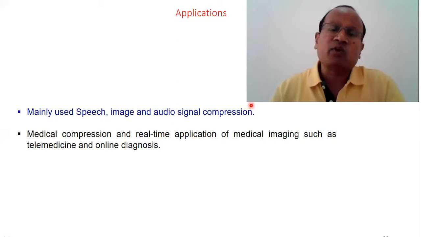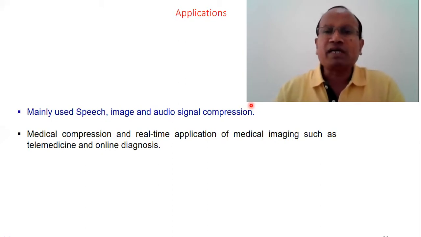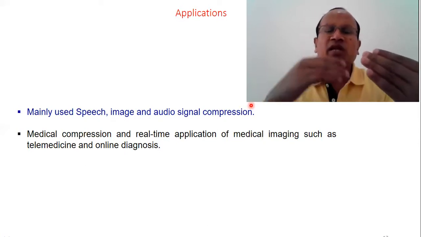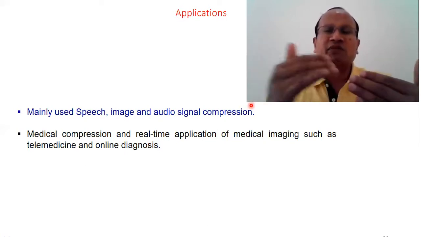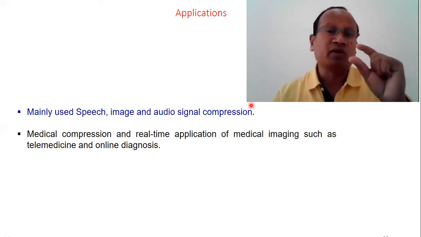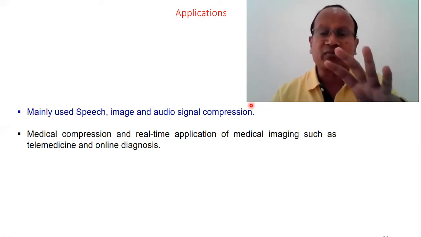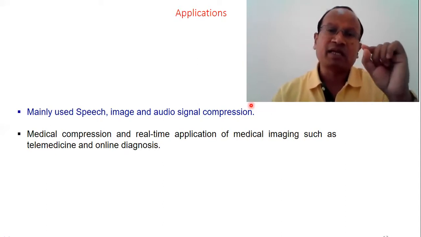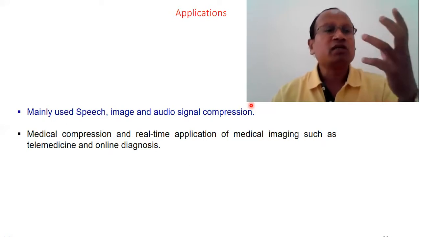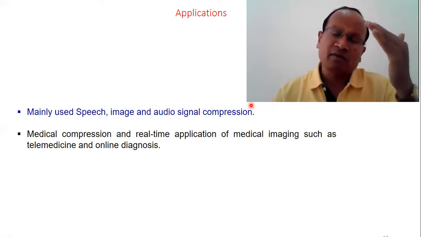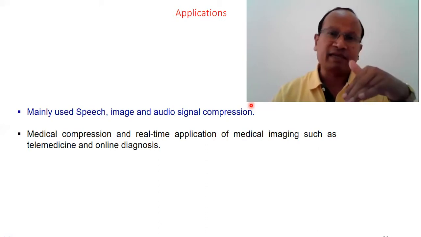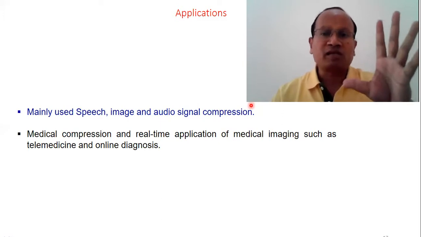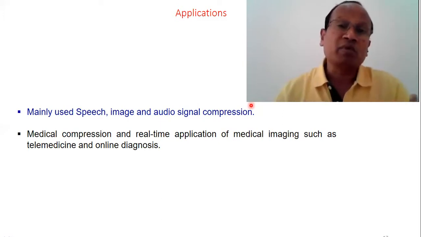Rather than quantizing all the samples, we quantize only the difference between two samples. The difference term, which is of course smaller than both samples, is encoded, so that requires a lesser number of bits. This is how the problem of redundancy is addressed, and the number of bits required to encode all the difference pulses becomes less.